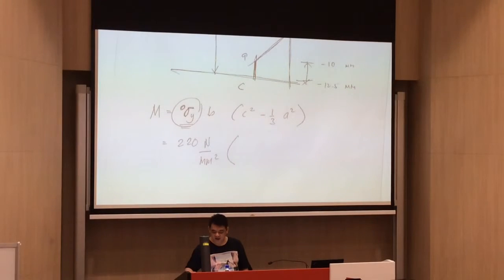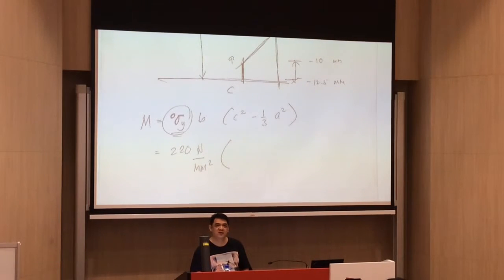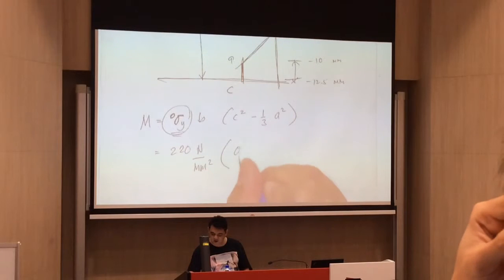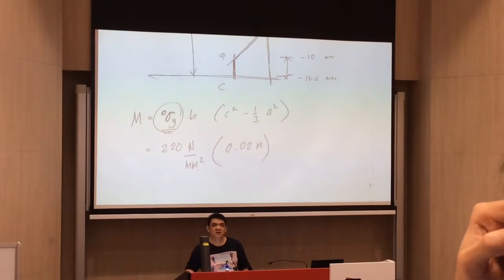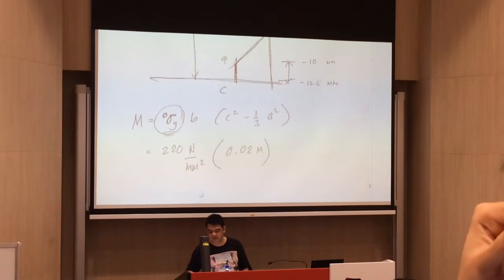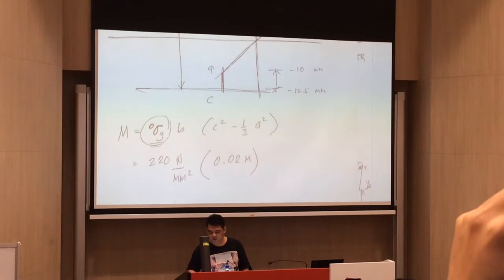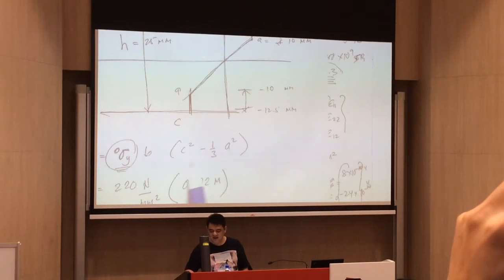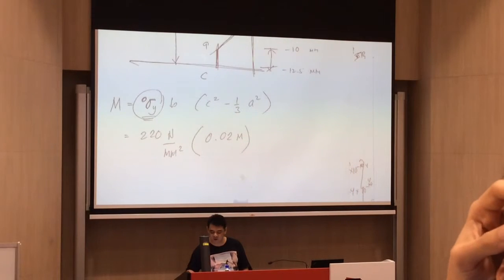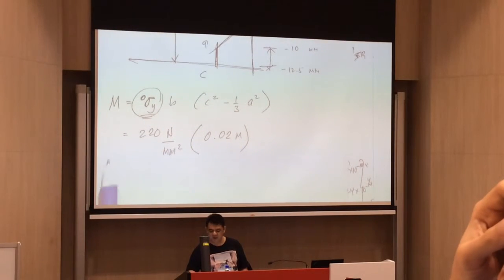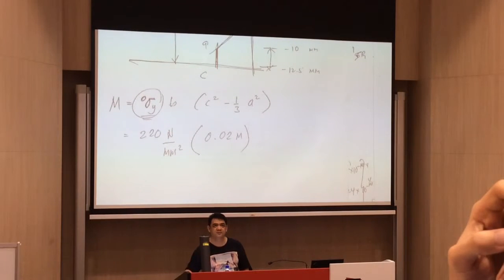So what is your B? What is your base? So that's 20 millimeters, so that's 0.02 meters. The reason I'm not converting this one to meters squared to Pascal is because I have this one to be millimeters squared, so it will just cancel out anyway. But I have this one to be meter, so that my resulting moment will be Newton meter.